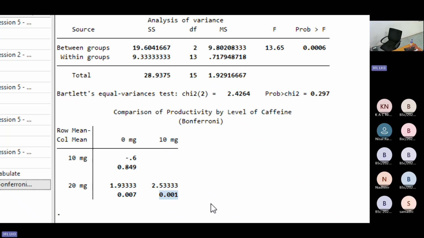Yes, but 0 and 10 is not significant. That's the final. So that's the post-hoc analysis. Next time I'll teach you another post-hoc analysis called Tukey's post-hoc analysis. We'll discuss that next week.